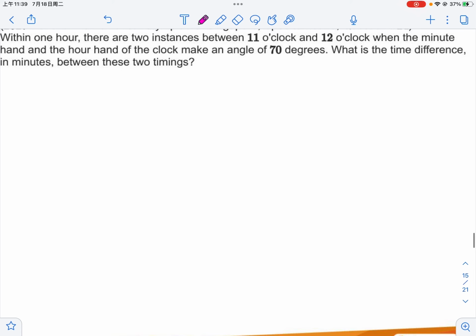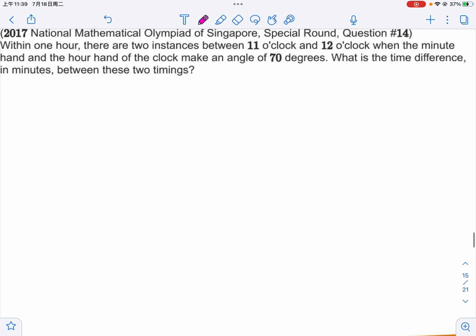So for question 14, from the first 17 degrees to the next 17 degrees, let's write down here. This 17 degrees is the first time, and the second time it will become also 17 degrees. So first tell me what's the speed of our hand.